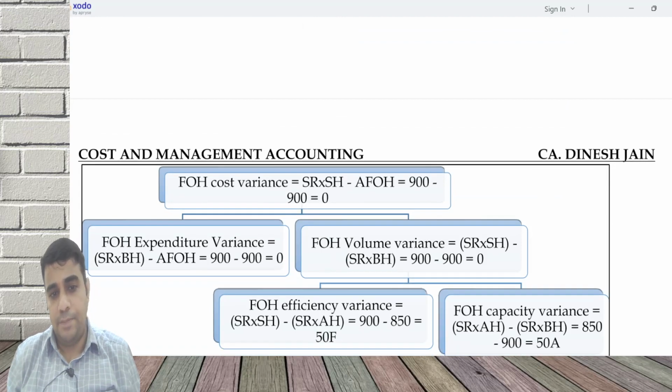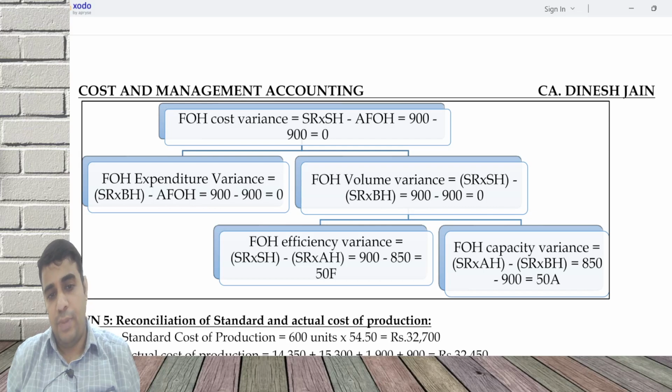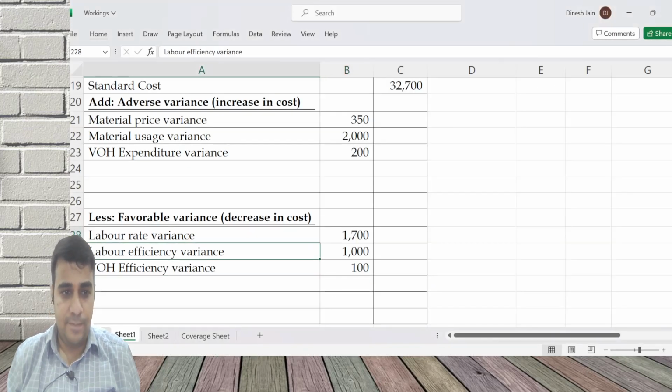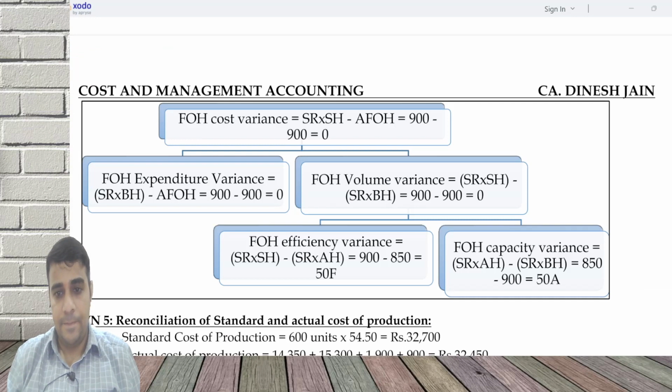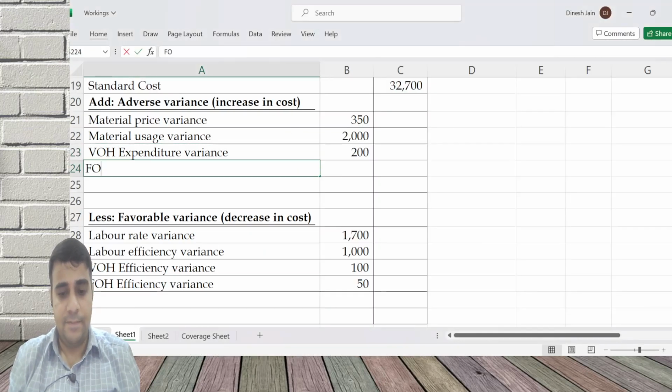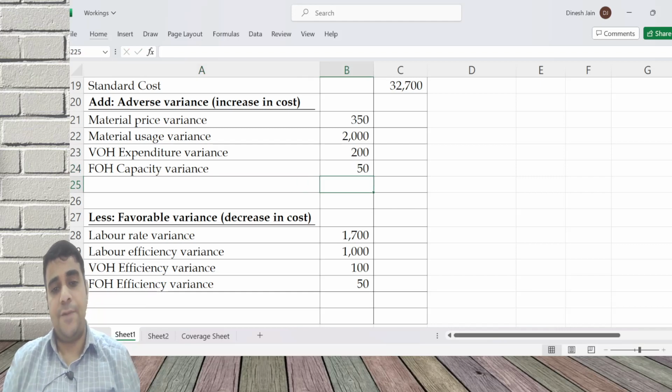Cost will not come, expenditure is 0, volume will not come, breakup of that is efficiency, capacity 50, efficiency 50 and capacity 50.